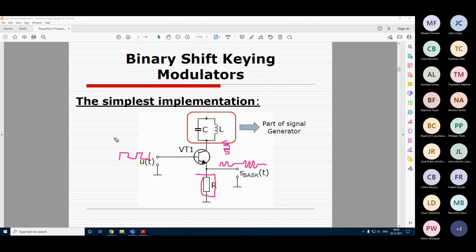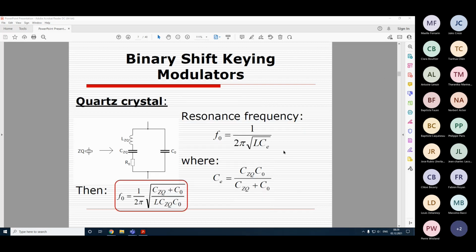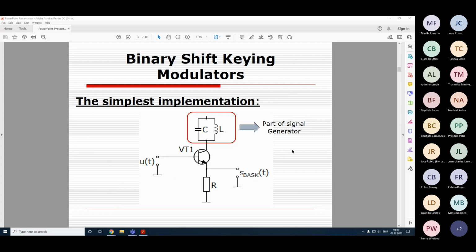You will only need a generator, which also comes as ready chips, microschemes, which can be used to generate a signal of desired frequency. One more thing I'd like to mention: in generators we rarely use this resonance loop, and more often we resort to a quartz crystal.